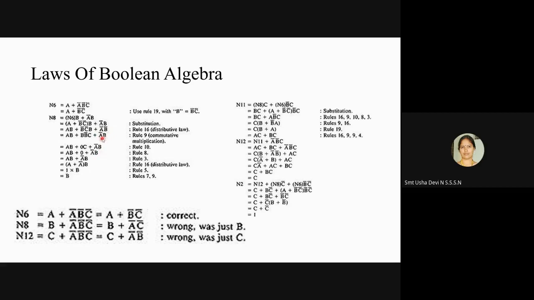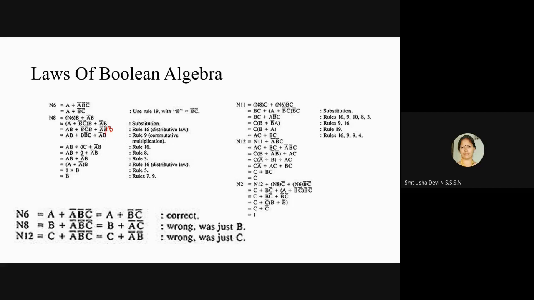Yes, in the next step it is correctly written. So there are certain editing mistakes. I hope you can easily identify them. So this is B only, and A bar B, and in the next step it is normal, right?